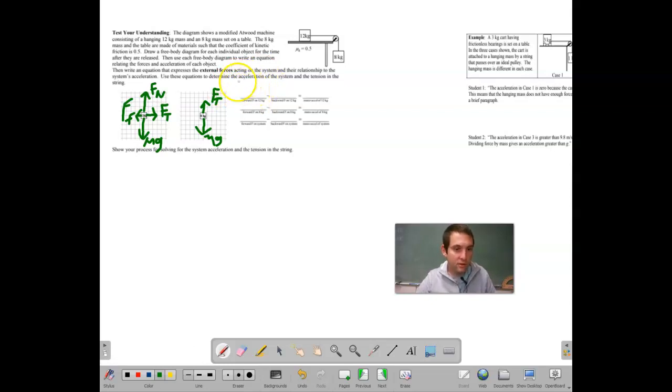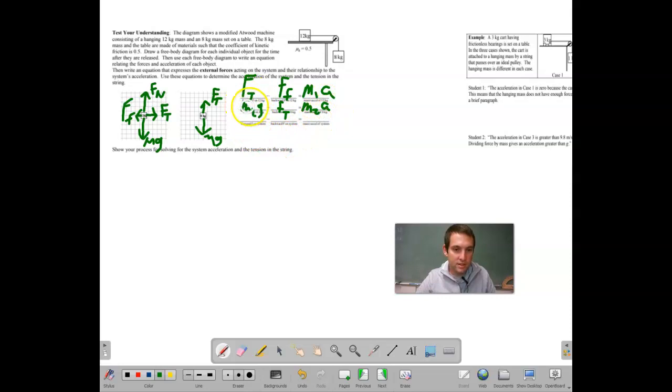First we'll do the 12 kilogram. The stuff that makes it go is going to be that tension force. The stuff holding it back is going to be the frictional force equals, I'm going to call that m1 times acceleration. Next one, we have m2g minus Ft equals m2a.